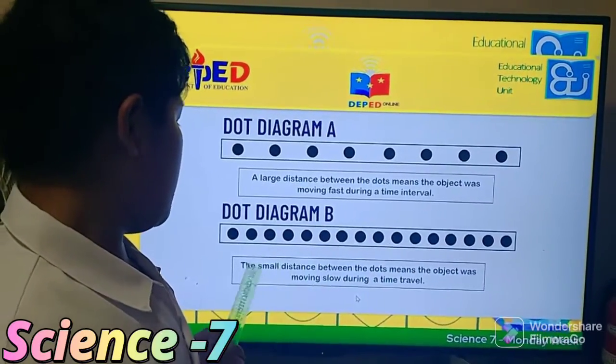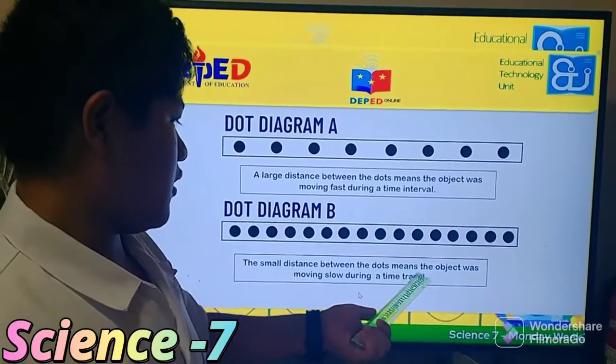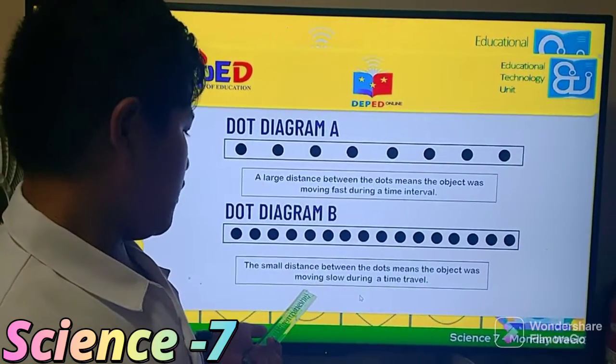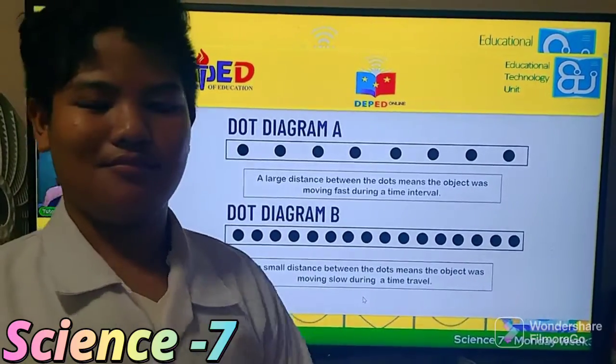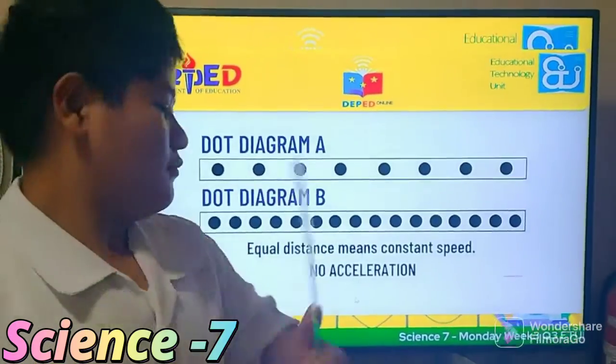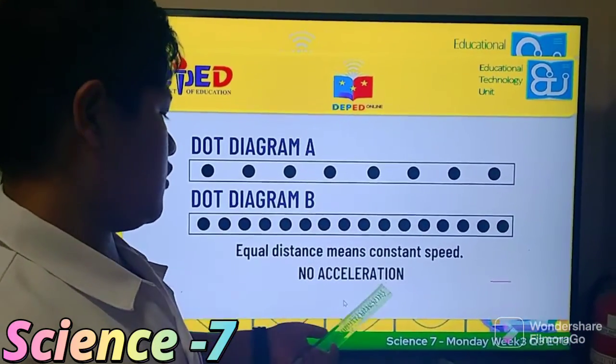Dot diagram B. The small distance between the dots means that the object was moving slow during a time interval. Equal distance means constant speed, no acceleration.